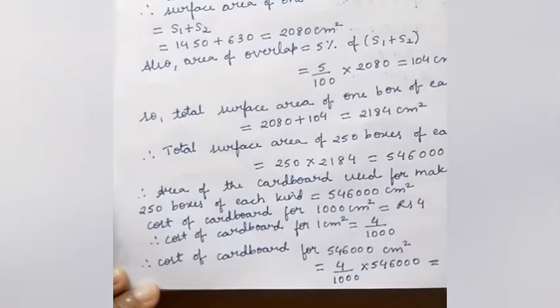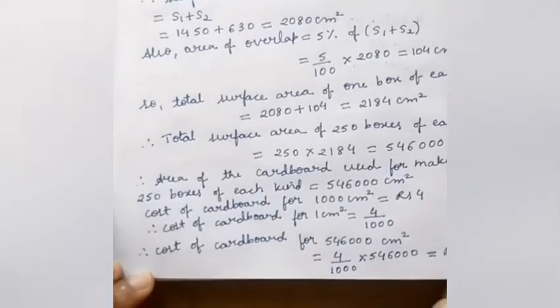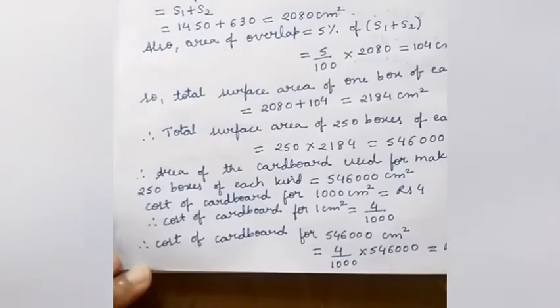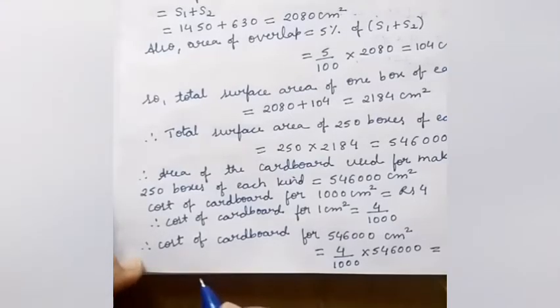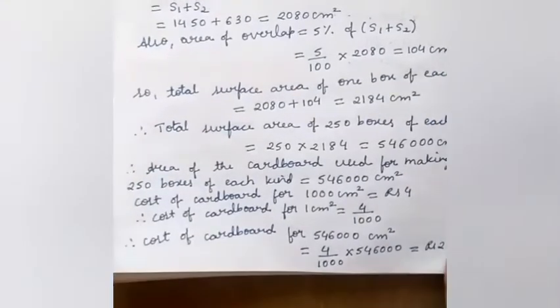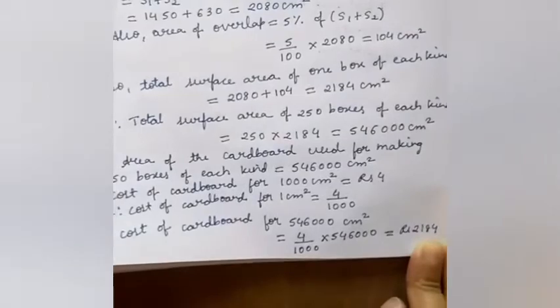If we simplify this, we get it equal to rupees 2,184. Therefore, we can conclude, hence the cost of cardboard for 250 boxes of each kind is rupees 2,184. That is the answer.